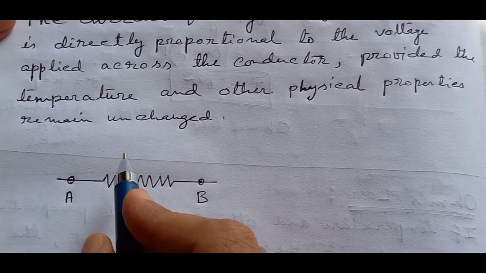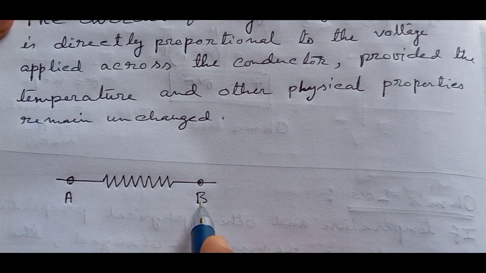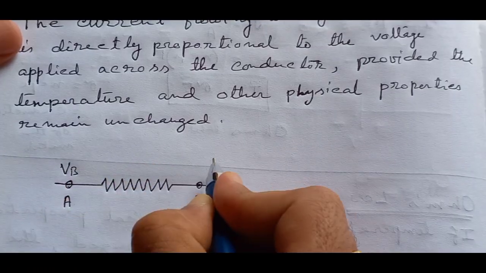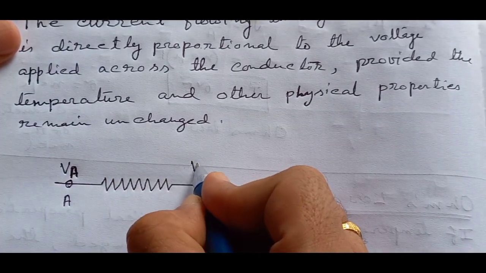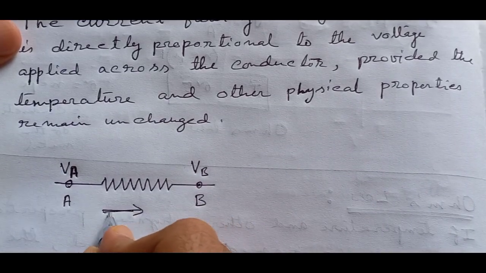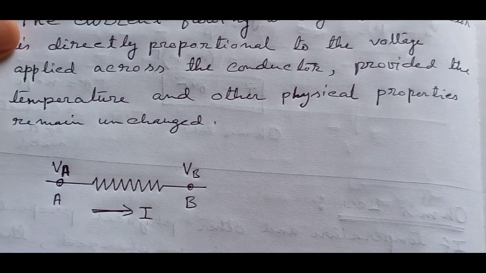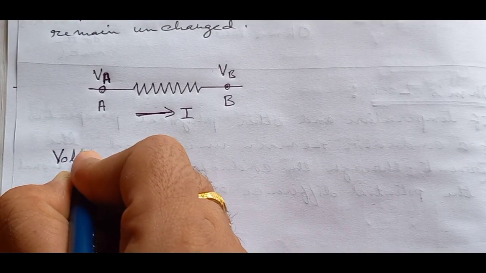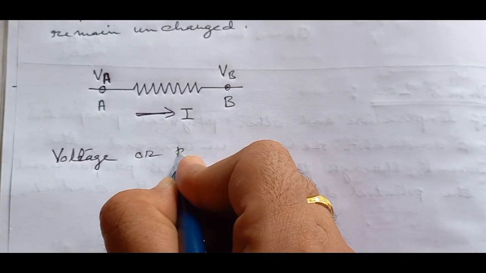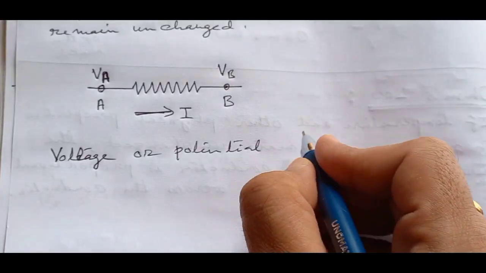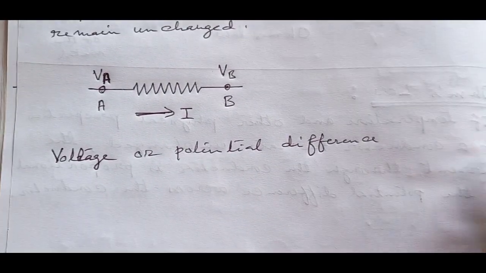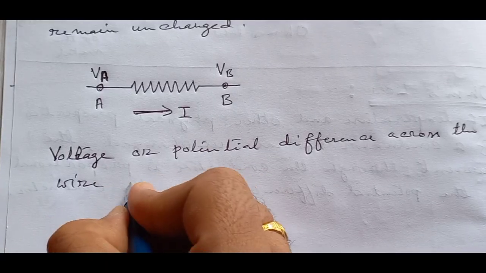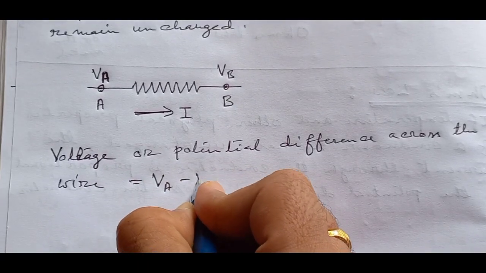Suppose this is a conducting wire. The first terminal is named as A and the second terminal B. The potential of terminal A is VA and the potential of terminal B is VB, and the current flowing through the conducting wire is I. Therefore, according to Ohm's law, the potential difference or voltage across the wire is VA minus VB.